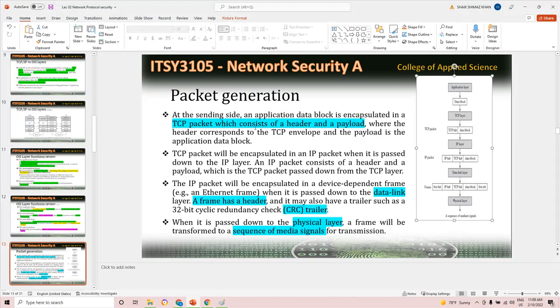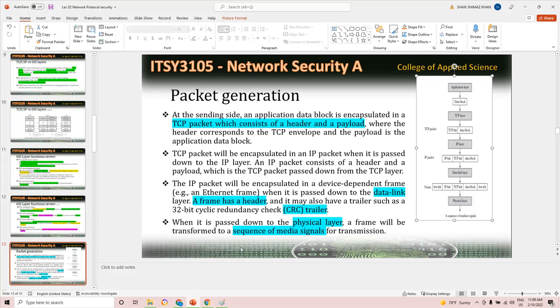So please don't memorize here whatever is explained here. Only one thing is important here: a frame has a header and a trailer. The frame, let's say Ethernet. Ethernet means wired connection.